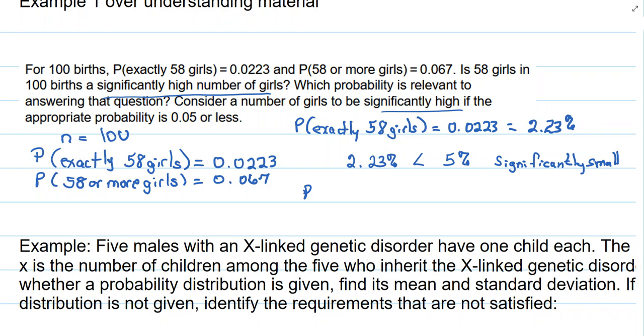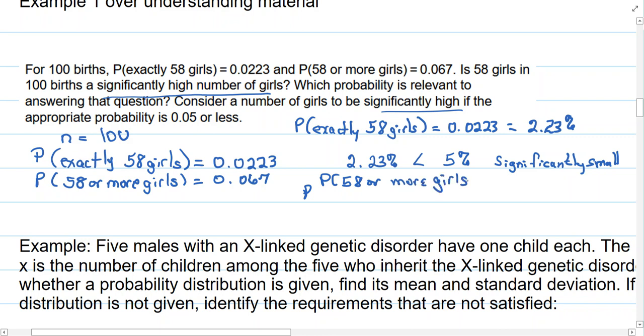So then we have the other one, the probability of 58 or more girls, this is that number, which gives us 6.7%.